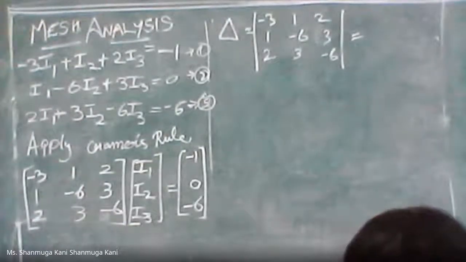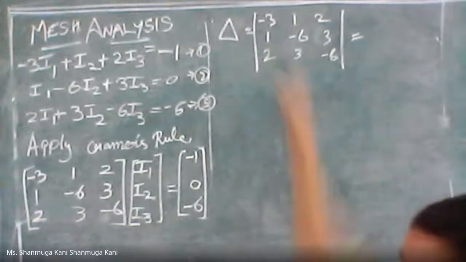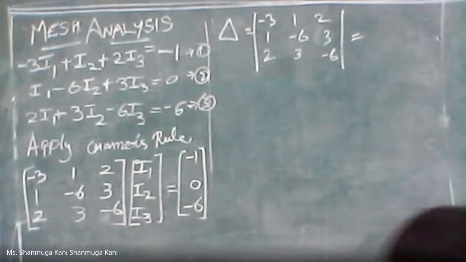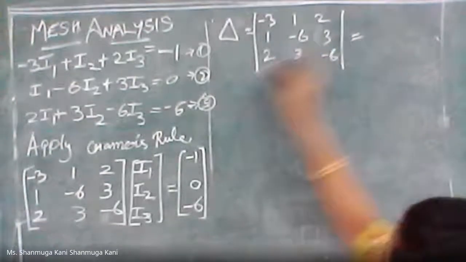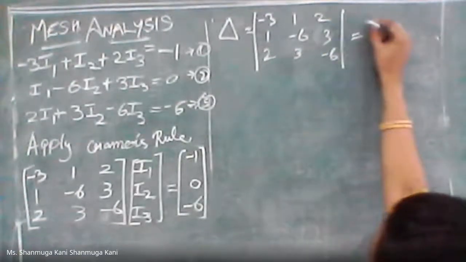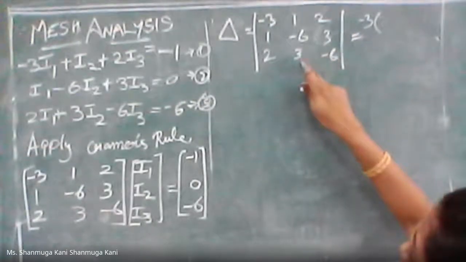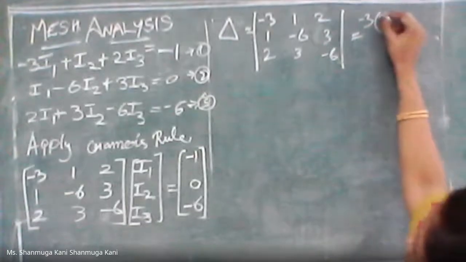Can you say me the value? How do you find the determinant? In your calculator also you can find the determinant. Manually, if you want to find the determinant, you have to write it as minus 3 into this term into this term minus, take the minor: 6 6 36 minus 9.